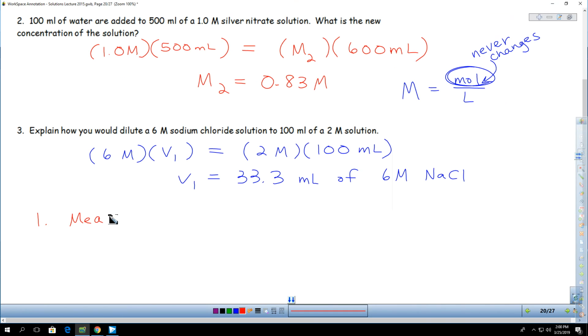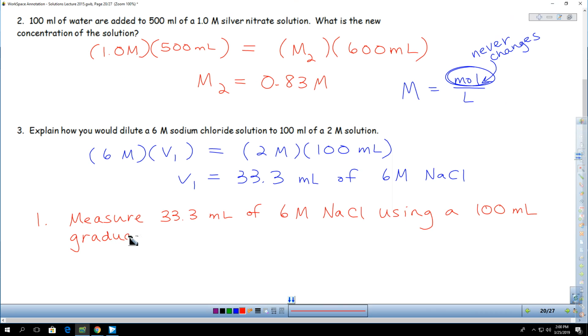Measure the 33.3 milliliters of 6 molar sodium chloride using a 100 milliliter graduated cylinder. Graduated cylinder. These are those larger ones that you have in your drawers. So we'd measure 33.3 milliliters of the original solution the best I can.